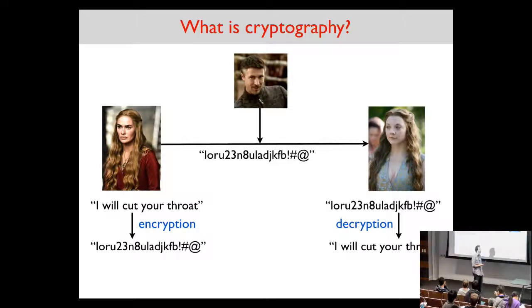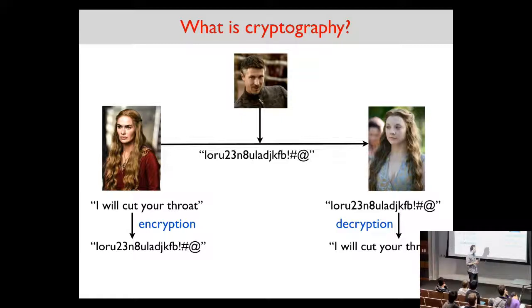So for this kind of situation, what we try to do is first encrypt our message to some other message, to some message that looks like garbage, hopefully, to an eavesdropper. So you send that garbage-looking message over this channel, and then hopefully there's also some decryption method that allows Marjorie to decrypt and get the original message.